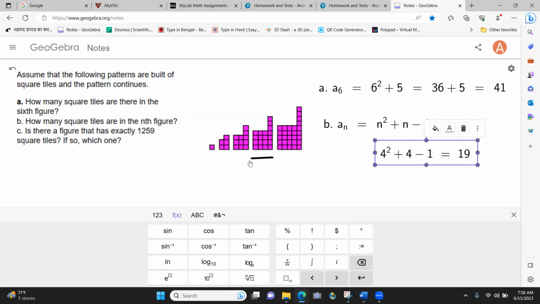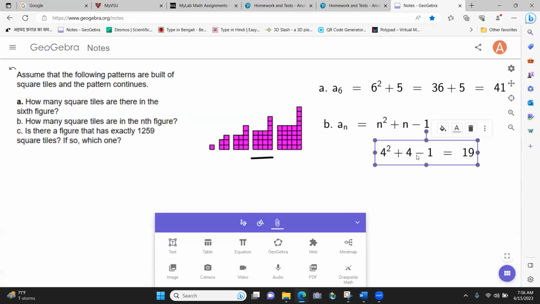Now let's count. I have exactly 19 squares here, so I'm right. I can see it, 16, 17, 18, 19. So my formula is correct.